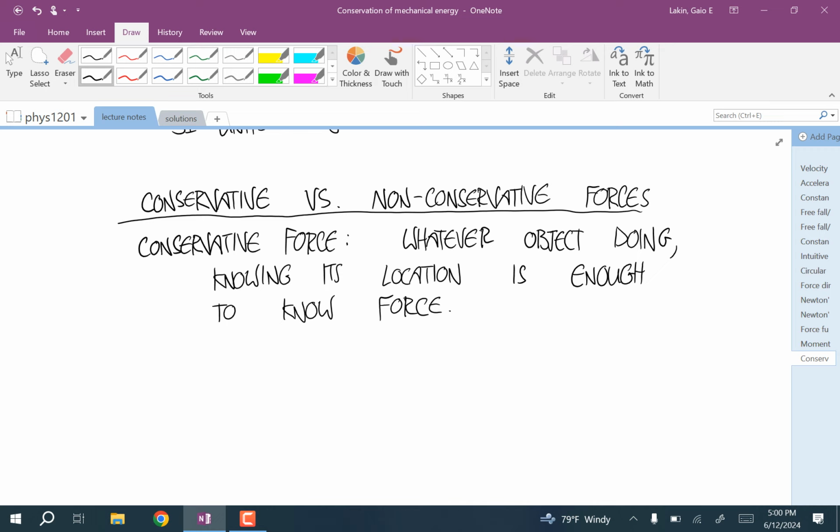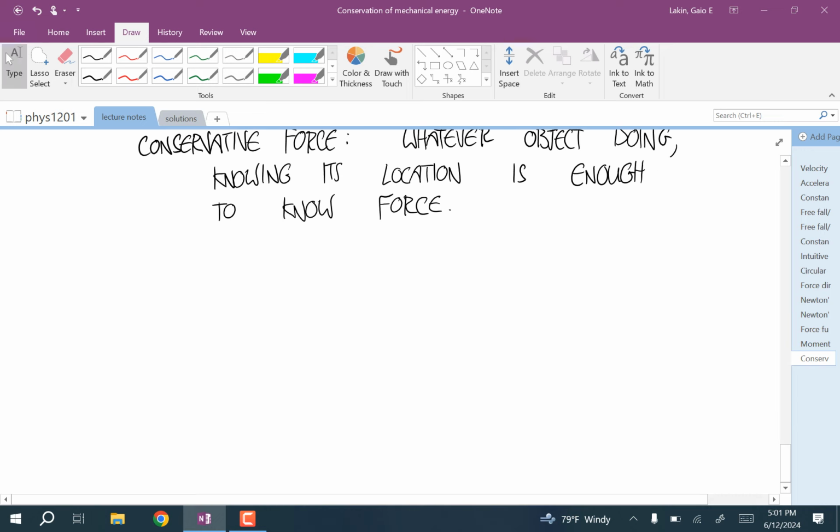And so no matter what you do with this object, if you measure the length of that spring, which is the equivalent of giving the location of the object, then you can calculate what the force is. It's always going to be a magnitude of k times that deformation. Remember that equation? And then just in the direction that would bring the spring back to its resting length. And in this class, those are the only two conservative forces we're going to use.